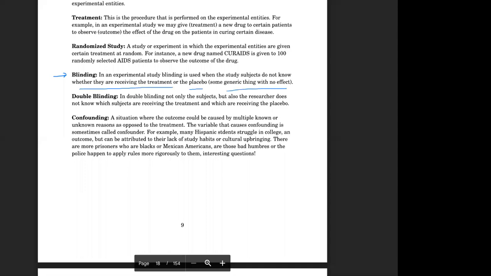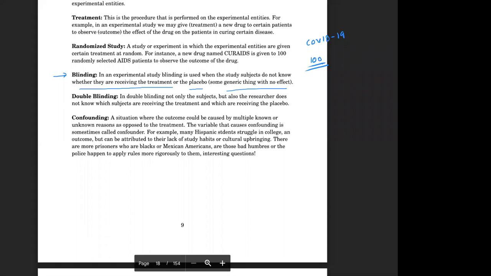So here is a very interesting thing. Again, I'm going to use the COVID-19 example. So there are 100 people that are receiving the COVID-19 vaccine. It's kind of funny, but it is true.